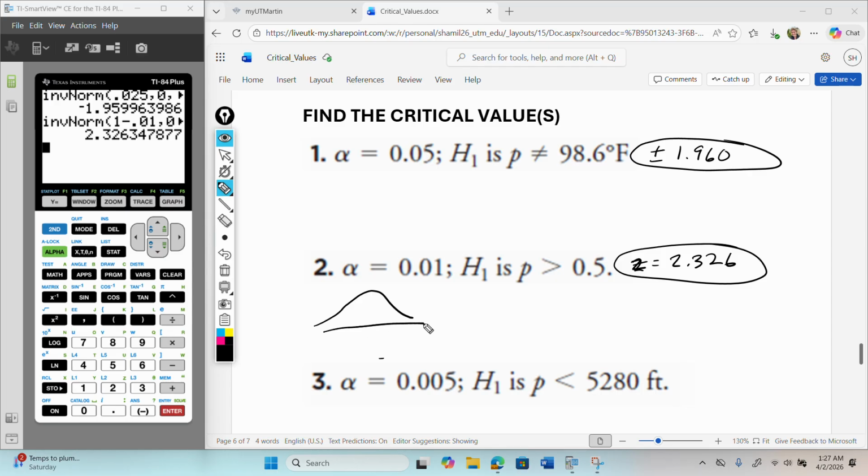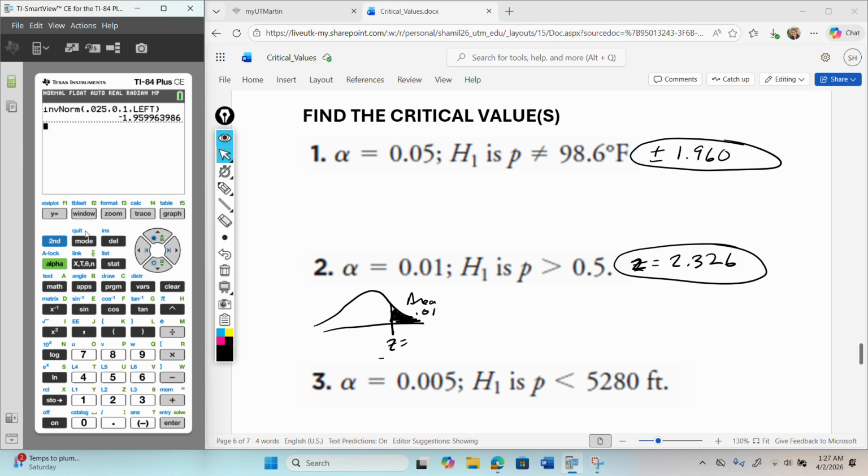Now, if you have a CE model, you can actually tell it the right area. So if I do second vars, and I come down here to inverse norm, so with the CE model, this is from my previous problem, the default is left.